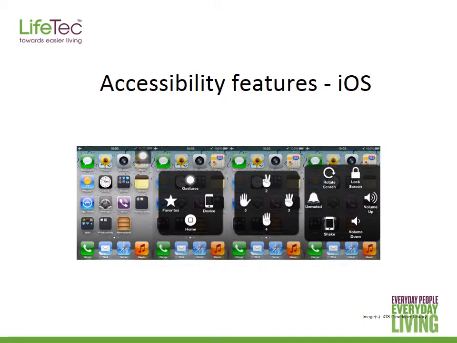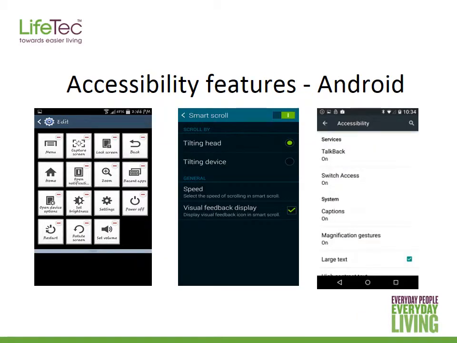So you can put in a movement that is easy for the person to use as an alternative command. So there's similar options available under the Android platforms, and in newer models you're now able to control some things on the phone with head movements as well.